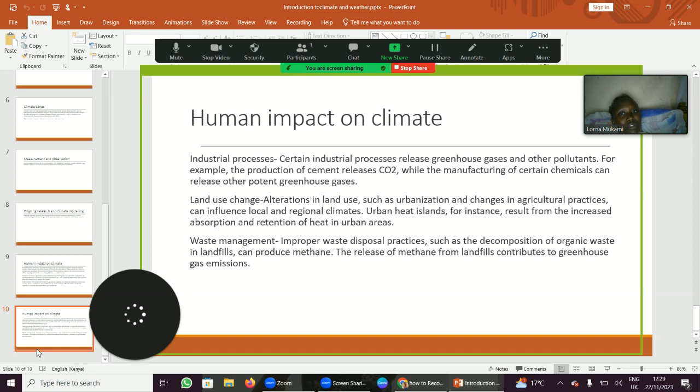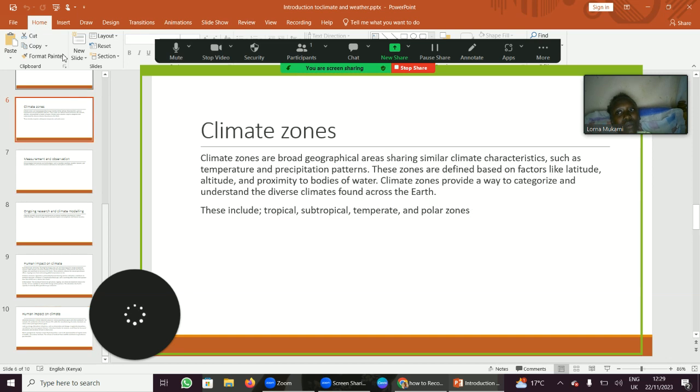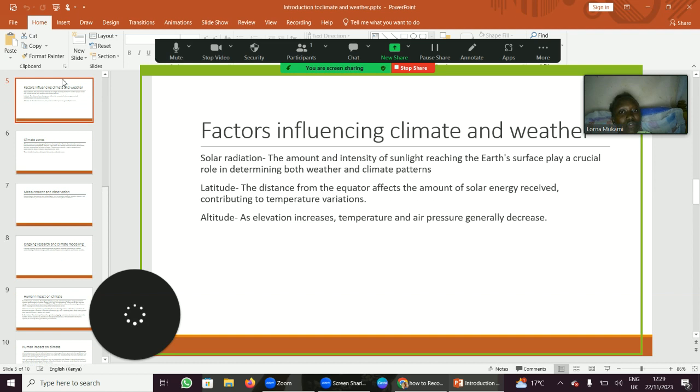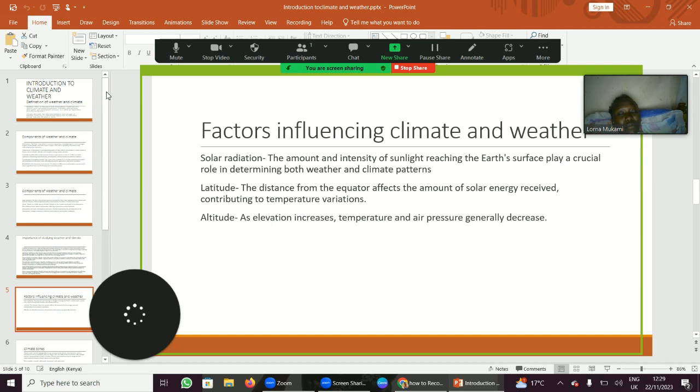So today we have learned about the climate, the human impact on climate, the climate zones. We have learned even about factors influencing climate and weather, and the ongoing research on climate modeling. We have also looked at the difference between climate and weather.